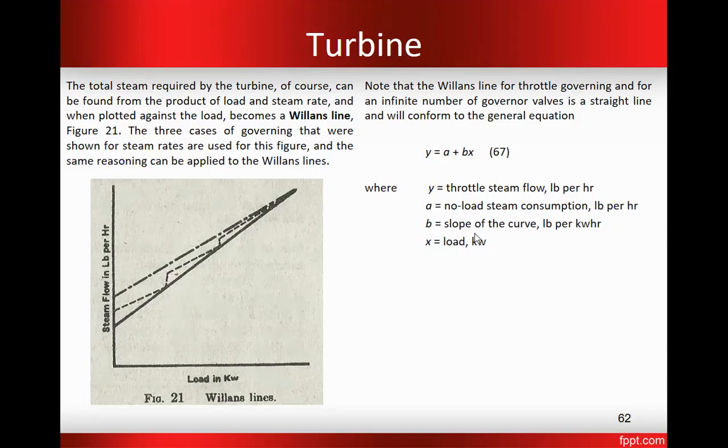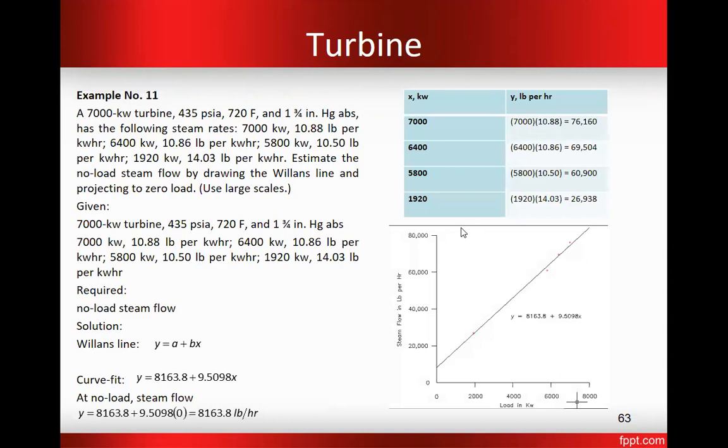Example number 11, a 7,000 kilowatt turbine, 435 psia, 720 Fahrenheit, and 1 and 3/4 inches mercury absolute has the following steam rate. We have 7,000 kilowatt, ito yung steam rate niya, 10.88 pounds per kilowatt hour.